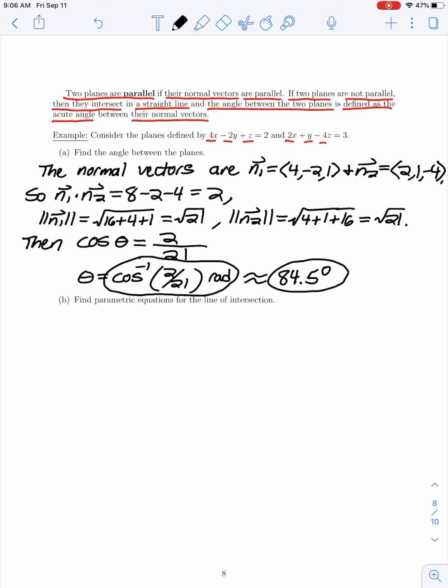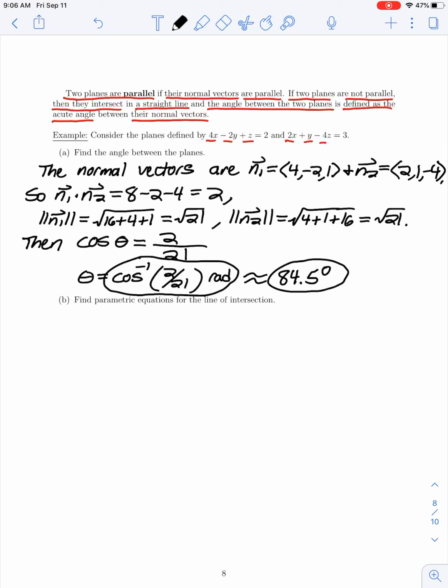So recall from the first part of this section, in order to find parametric equations for a line in space, we need two things. We need a point on the line, and we need a direction vector for that line. So first, let's try to find a point on the line of intersection.